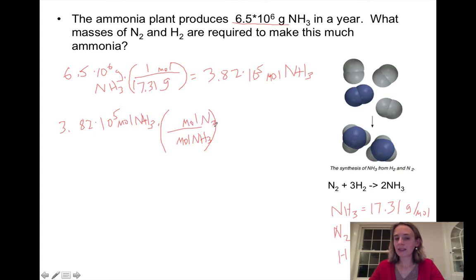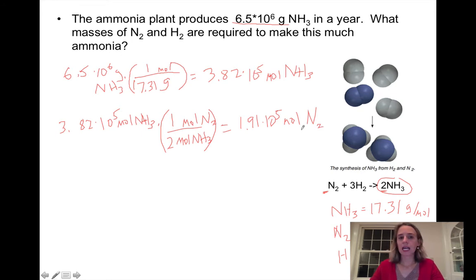And what is that ratio? Where do we find that? We find it in the balanced chemical equation. For every 2 moles of ammonia, that's my product down here, we require 1 mole of nitrogen. Basically in this reaction, I have half as much nitrogen as I do ammonia. And so this gives us 1.91 times 10 to the 5th moles of nitrogen.